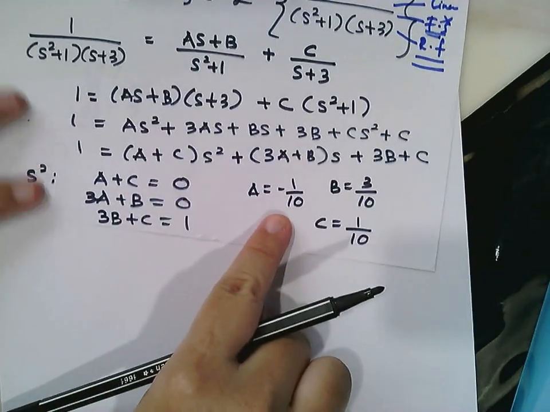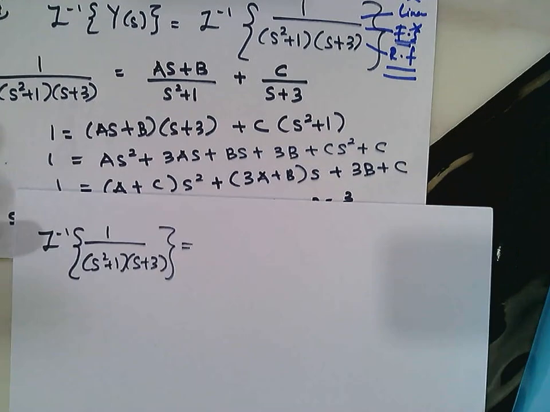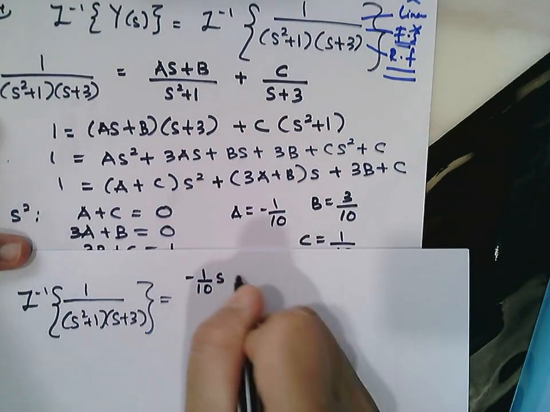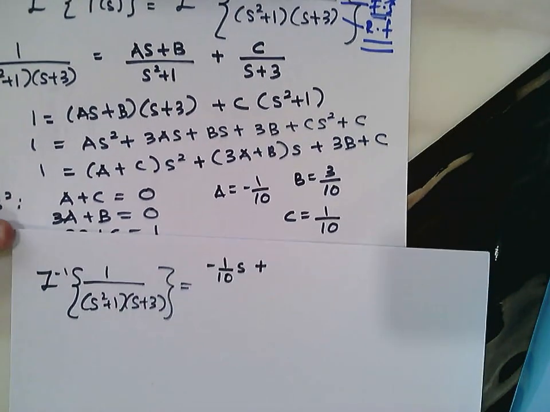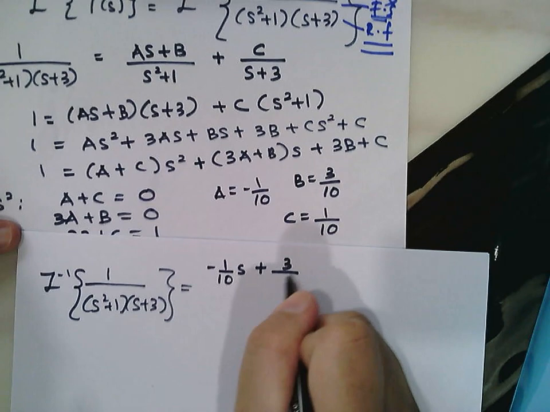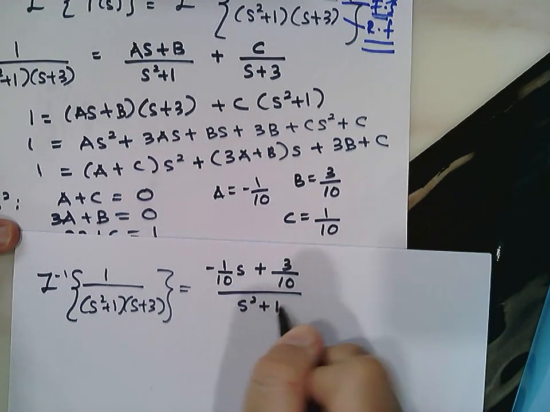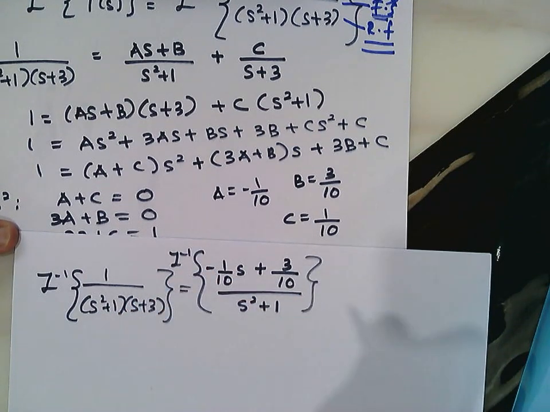Your A is equal to negative 1 over 10, so you will have negative 1 over 10 s plus, what is your b? Your b is equal to 3 over 10 over s squared plus 1. So the inverse of the whole function here.